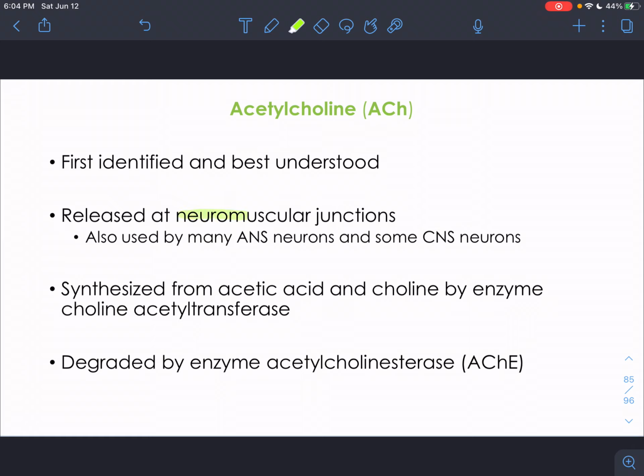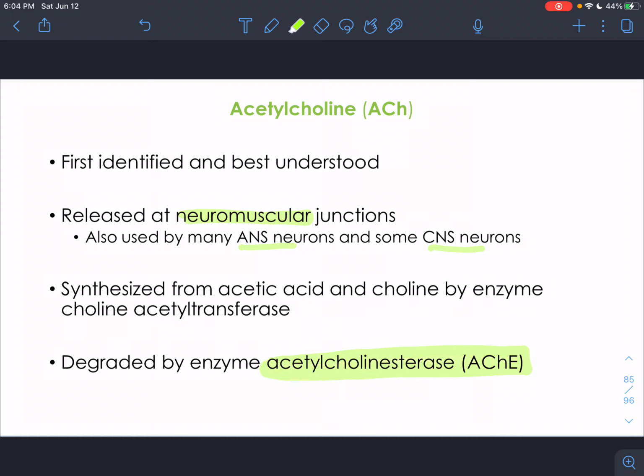Most importantly, it's released at neuromuscular junctions. Also, in other places in the body, it's released in the autonomic nervous system and some neurons within the central nervous system as well. It's synthesized from acetic acid and choline by an enzyme, choline acetyltransferase, and it's degraded by acetylcholinesterase.